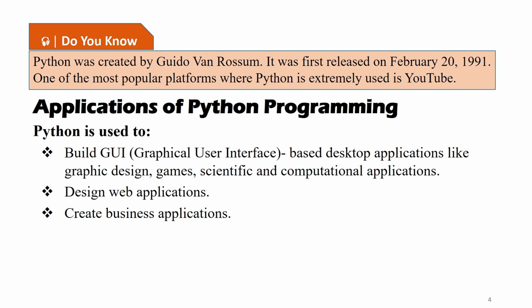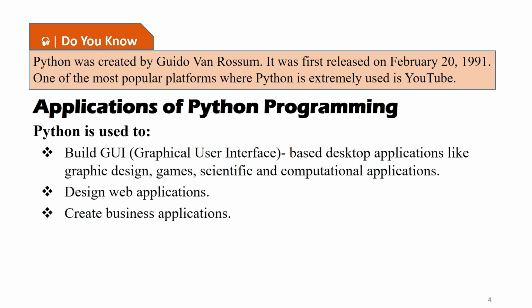One of the most popular platforms where Python is extensively used is YouTube. The YouTube that you use in your system to watch movies and explanations, and the YouTube video that you are watching right now, is also designed using the Python language.